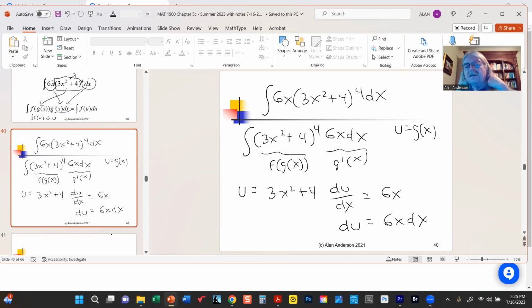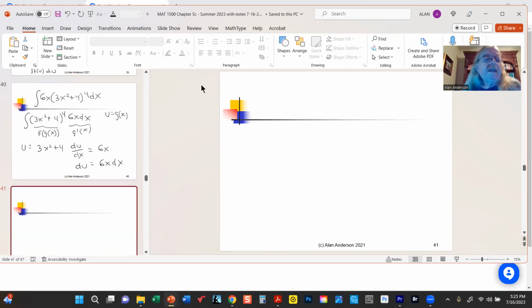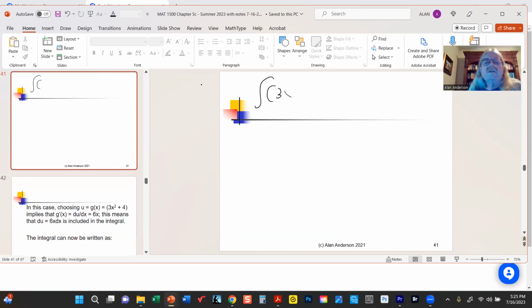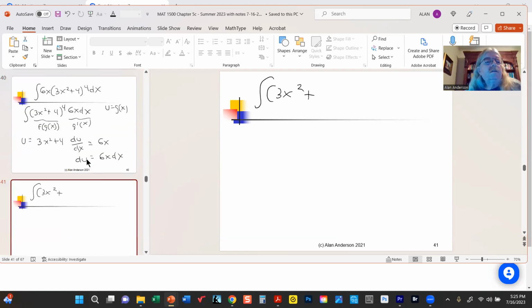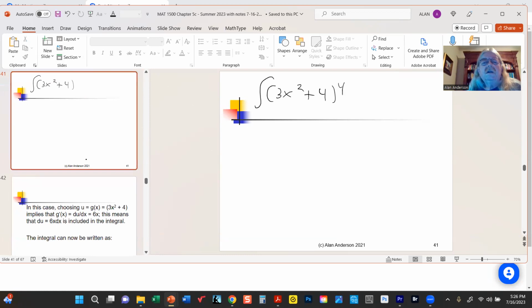So how does that help us? Because if you notice, let's go to the next slide. That being the case, let me write this down again. We have (3x squared plus 4) to the 4th power times 6x dx.